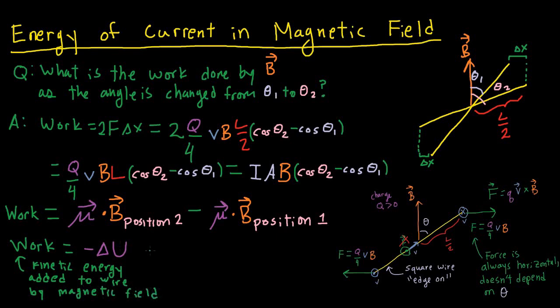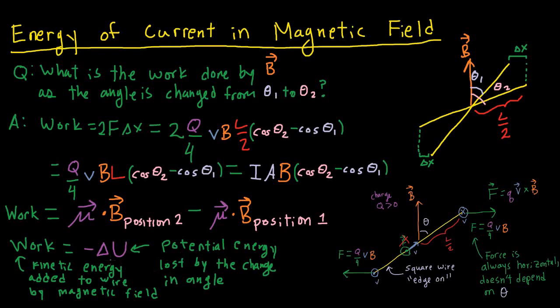And negative delta U is just the potential energy lost by the change in the angle of the wire.